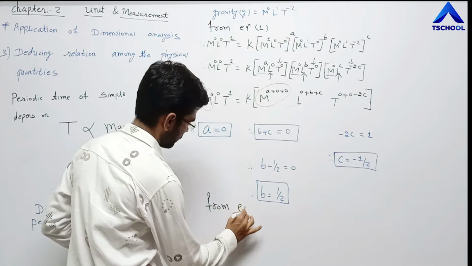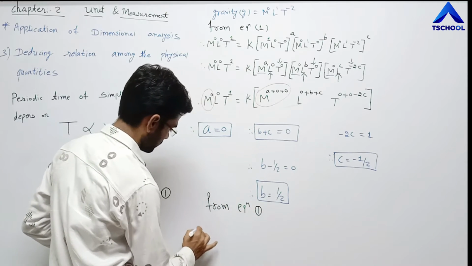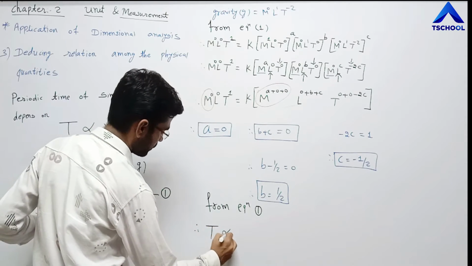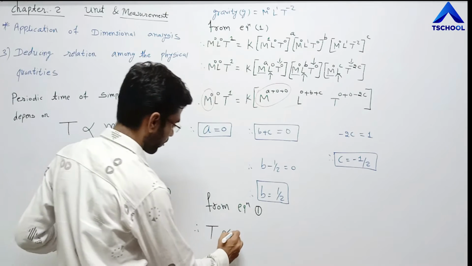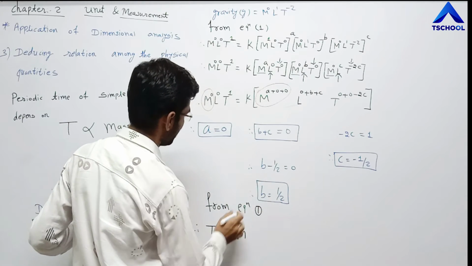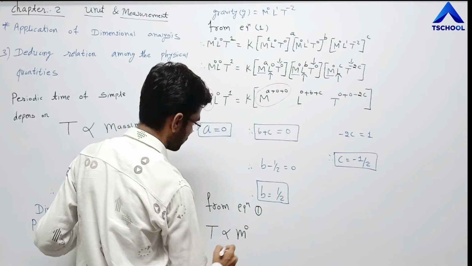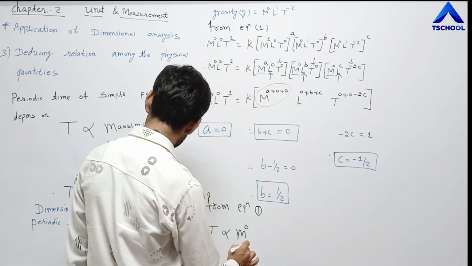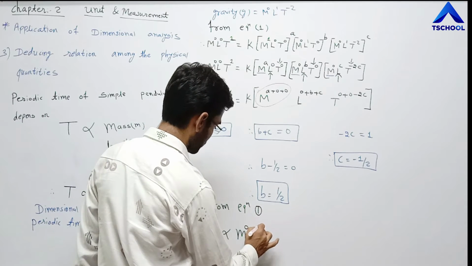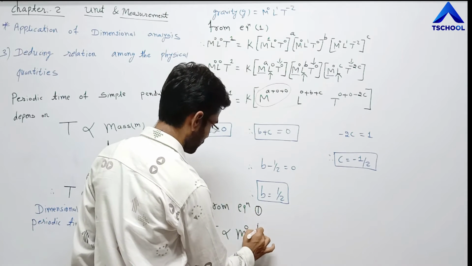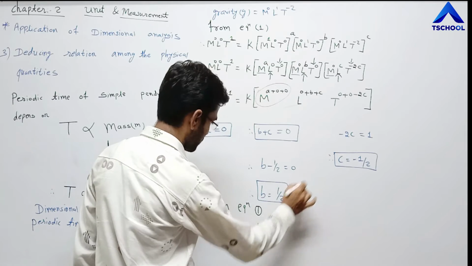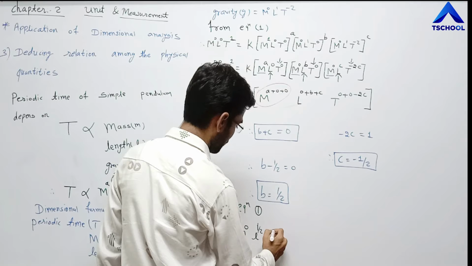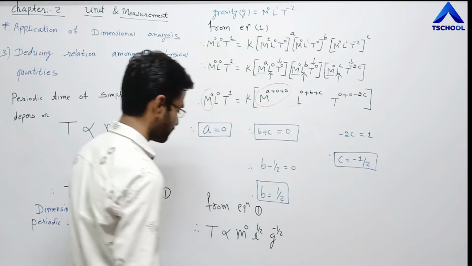From equation 1, T is proportional to m power A. M power A means m power 0, L power B, where the value of B is 1 by 2, and G power C, where C is minus 1 by 2.